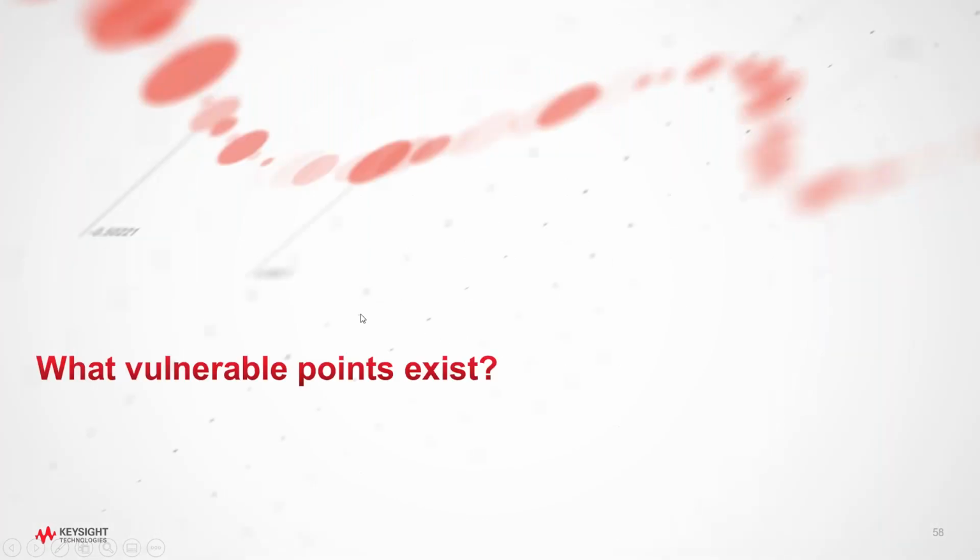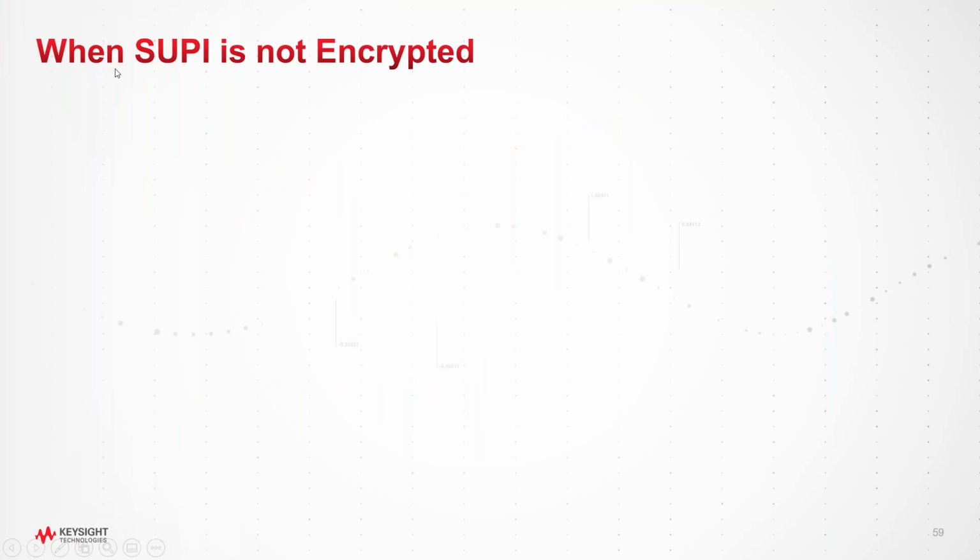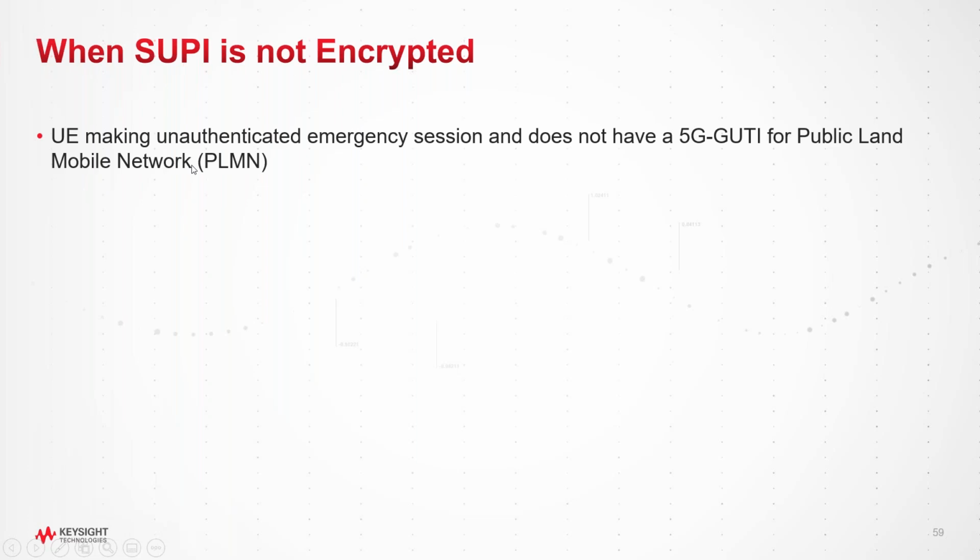What other vulnerable points exist? So the SUPI actually has cases where it's not encrypted. In the standards, a UE making an unauthenticated emergency session does not have to be encrypted if there is no security context established for the public land mobile network, PLMN, for those of you that are familiar with that.